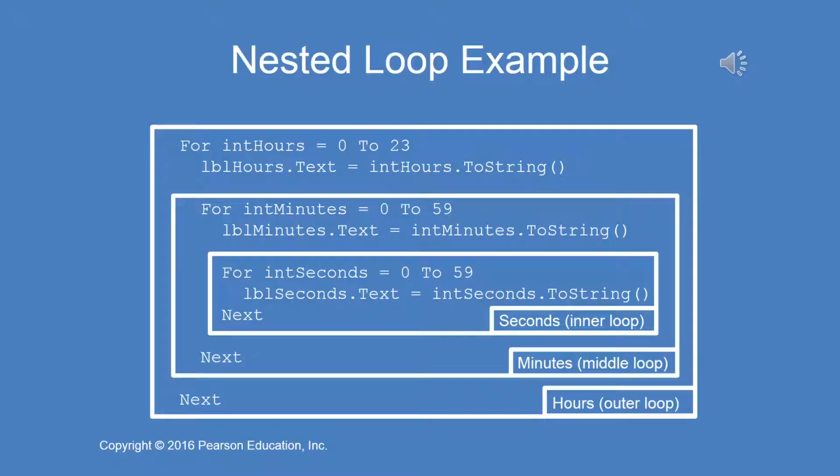Okay, so now we've only gotten to 2 of 60 iterations of the int minutes loop, and int seconds has already iterated 120 times. So that will continue for 60 iterations of minutes, and that will end. And once that ends, we will drop back out to the int hours loop, which will go from 0 to 1. And then the whole process starts again.